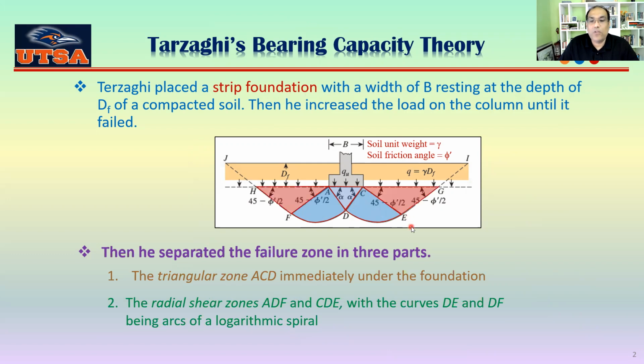And then he also saw these two triangular Rankine passive zones. Okay. And from this diagram, he tried to solve the equation for equilibrium, or the equation for statics.